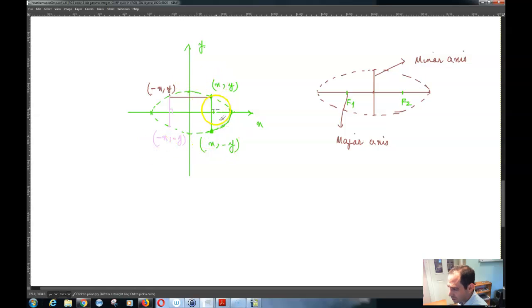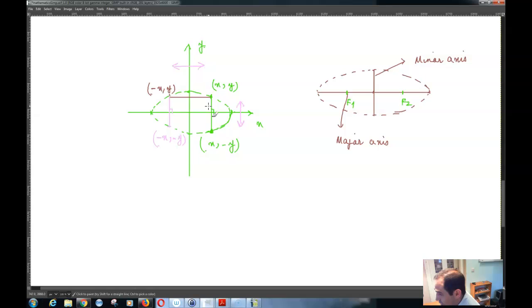This applies to any x and y. So what that means is that an ellipse is symmetric with respect to the y-axis, and also symmetric with respect to the x-axis.